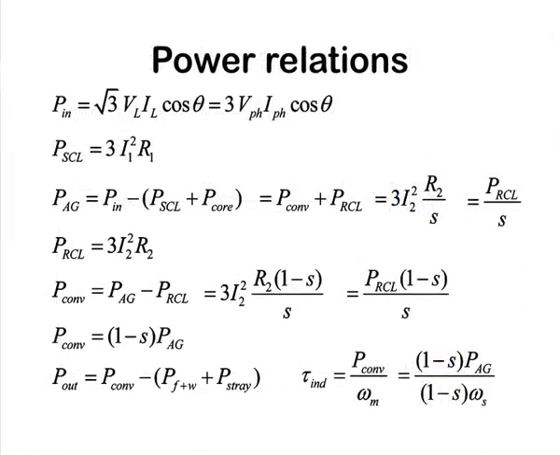So, again the power relation will somewhat change, and therefore, we will get the mechanical power, which was previously air gap power minus the rotor copper loss. Now, we can define it as P RCL (1 minus S)/S. Similarly, the output power is the same: P conventional minus P friction and windage loss minus P stray loss.